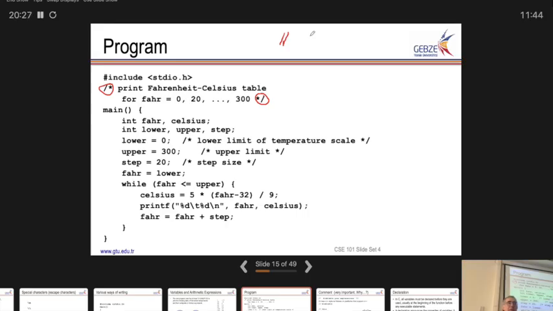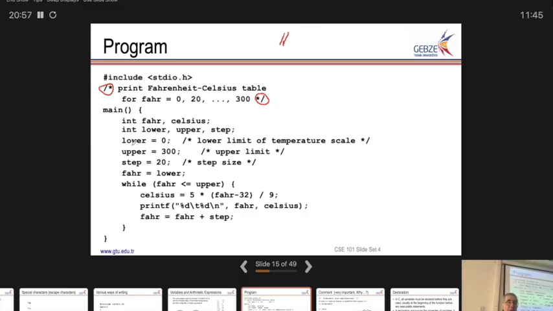So the include is stdio.h. Starting with main and curly brace, we declare our variables. This is a declarative language. Integer, Fahrenheit, Celsius, lower, upper, step. You are familiar with these because you are doing lab with Arduino. You are very good. I don't have to repeat this. But these variables are assignment also.